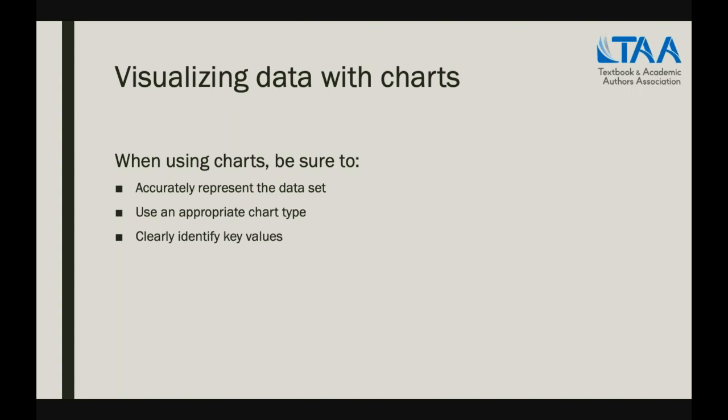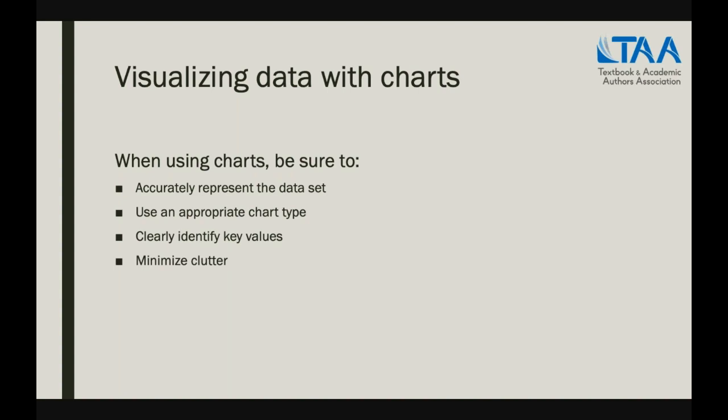Once we have the data in there, that's not good enough, though. As was seen, without labeling the information, even in the table itself with column or row headers, key values in a chart do not stand out unless there's some way to identify what those values are and what that information means. Now, again, in tables, we have the row and column headings. In charts, we have legends, we have data labels, we have other ways to identify key values in what's otherwise a picture.